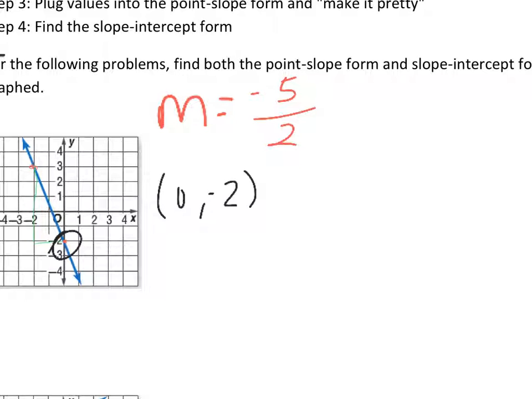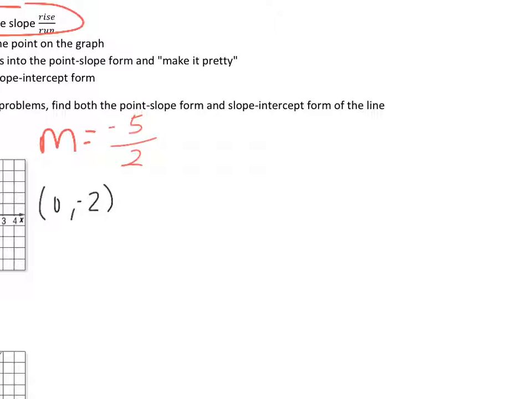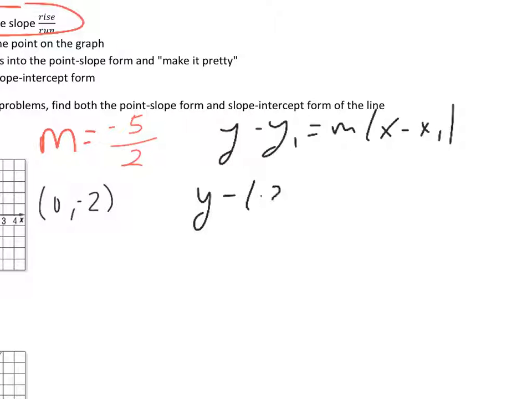Step 3 is plug the values into point slope form. So y minus y1 equals m times x minus x1. So our slope and our point, so y minus negative 2 equals m, negative 5 over 2, times x minus 0.